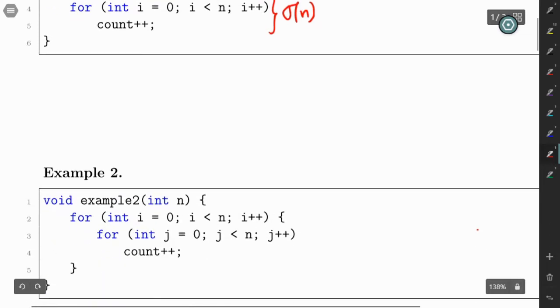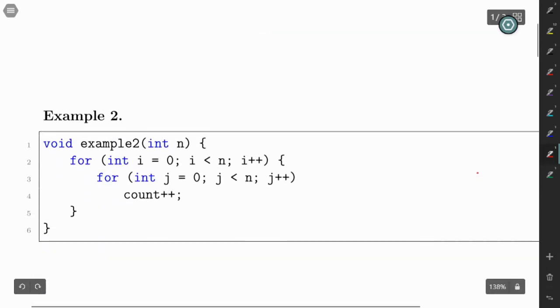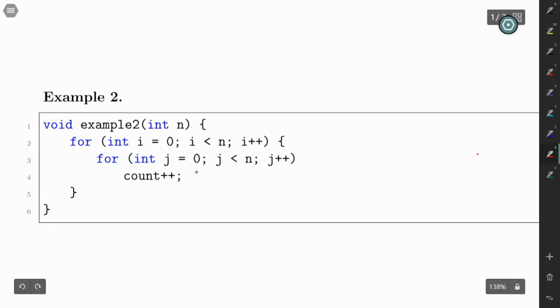In the second example, we now have two nested for loops, and the two loops do look essentially the same as the one in the previous question. They both start from 0, go up to n, and either i or j goes up by 1.